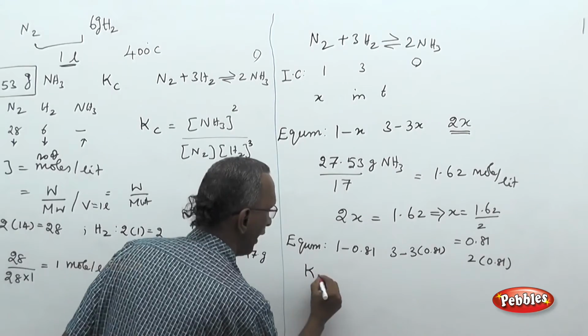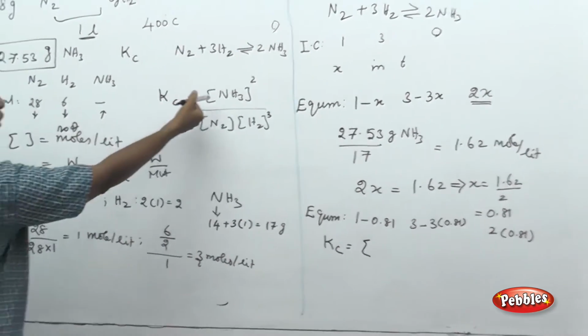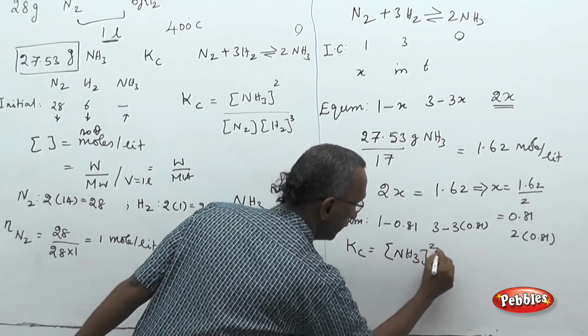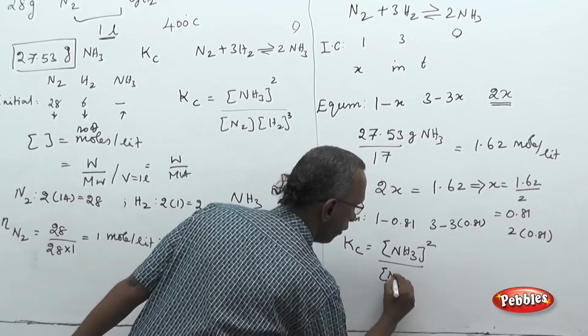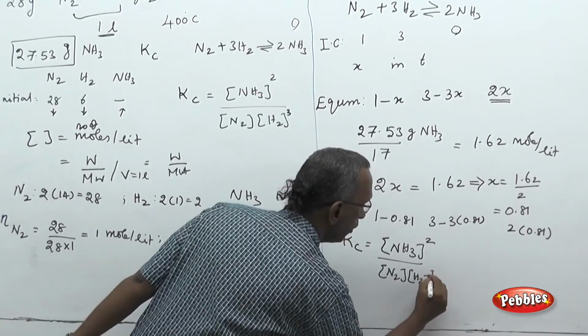Then we know the expression, already we have written, Kc equals concentration of ammonia squared divided by concentration of nitrogen into concentration of hydrogen whole cube.